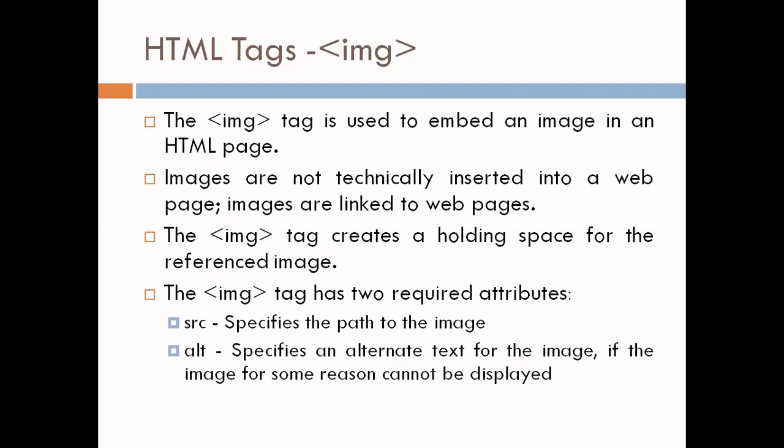It specifies an alternate text for the image if, for some reason, the image cannot be displayed. Suppose that path contains some error or the image does not exist at the specified path, then it will display that text instead of an error.